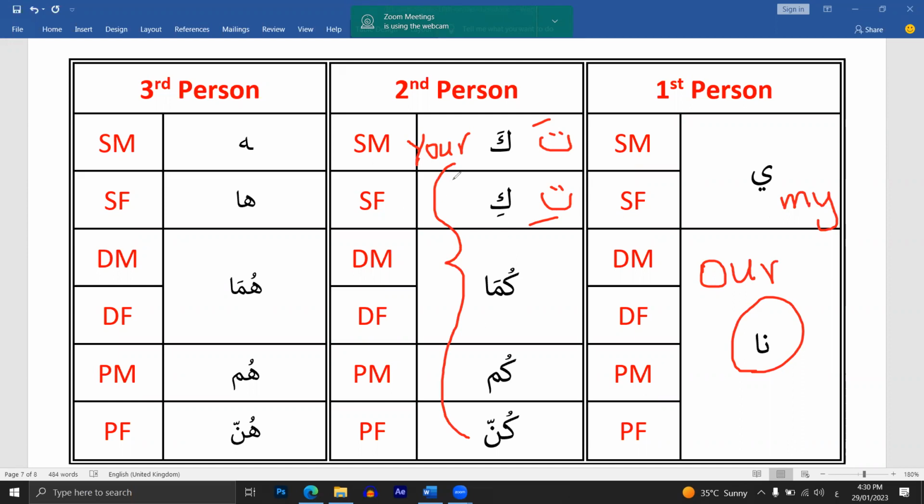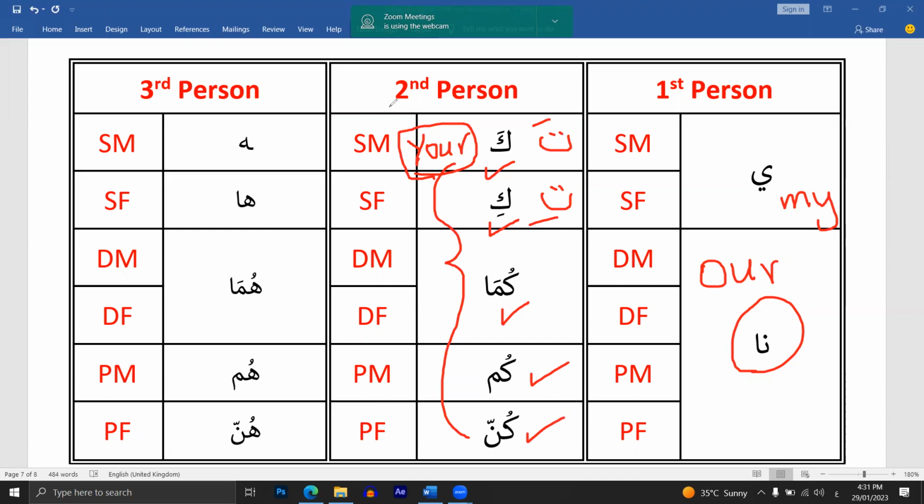But you know, English is very simple. You only use one single possessive pronoun for second person, your. But this one is for masculine singular, this for feminine singular. This one, kuma, is used for both duals. Kum is used for masculine plural, and kunna for feminine plural.